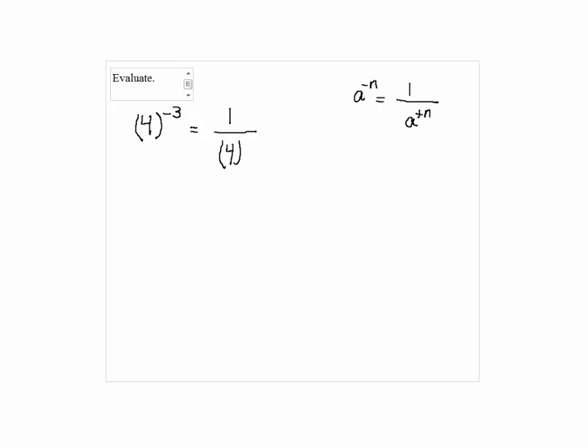So here our base is 4, our exponent is negative 3. We can make the negative 3 positive by writing this as 1 over 4 to the power of 3. So it would be 1 over 4 times 4 times 4, which is 1 over 64.